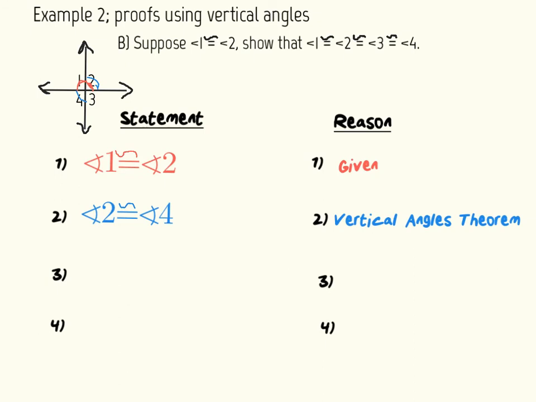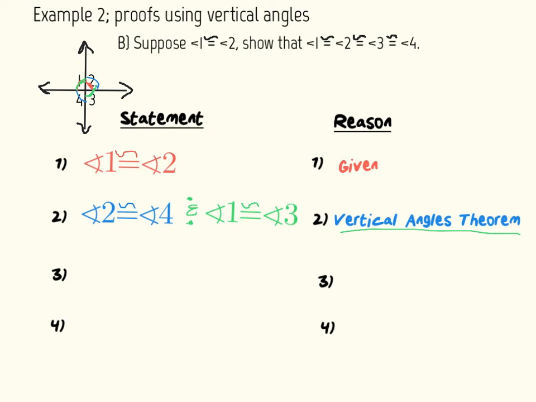But if we look a little bit further, we can also see that angle 1 and angle 3 follow the vertical angles theorem. So they're also congruent by the same reasoning. So on that same line, I'm going to write angle 1 is congruent to angle 3 by the vertical angles theorem. Since they're both the same reasoning, you can put them both on the same line if you want.